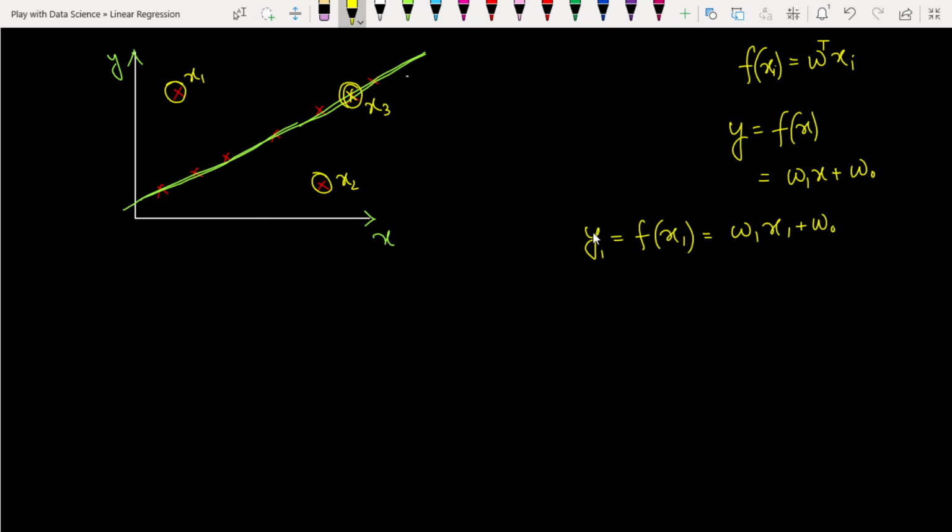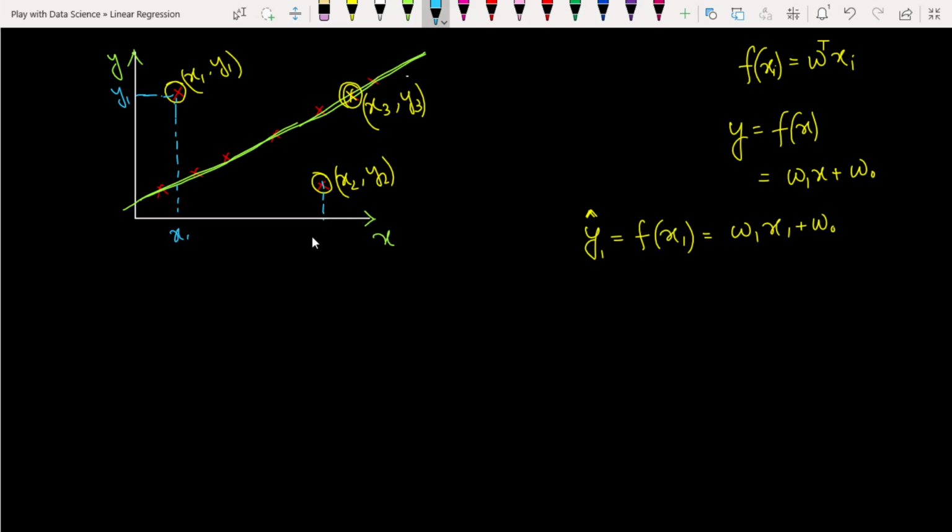But you can see here will be our output data, while our given data is x1 y1, here given data is x2 y2, and here given data is x3 y3. Now if you see this, here x1 is here and y1 is here.